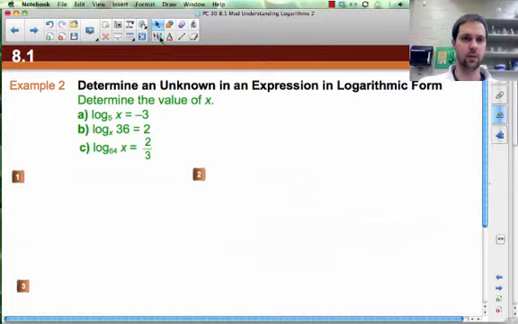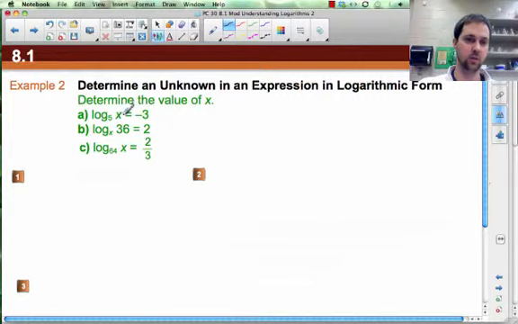Okay, now some other examples: determining the value of x. Now x is located in various positions in these 3 examples. Let's inspect the first one. We always start with base to the exponent equals this number. So for example number 1, we have 5 to the minus 3 equals x.